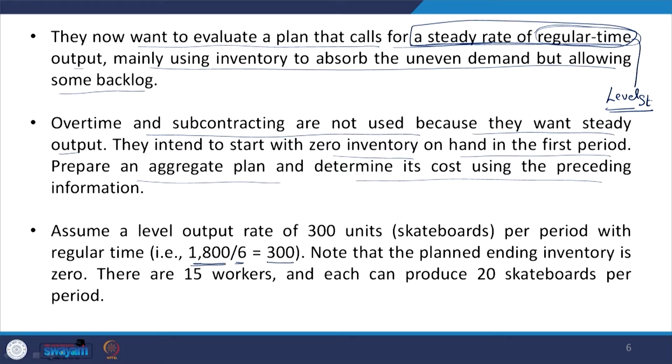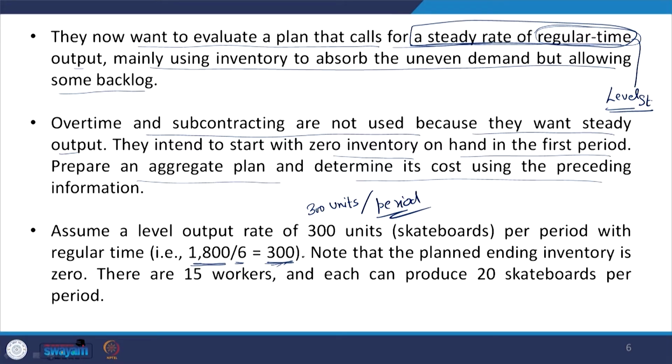So, per period we will make 300 units. The total demand for all the periods divided by the number of periods will give you the steady rate of output. So, I will make 300 units per period.